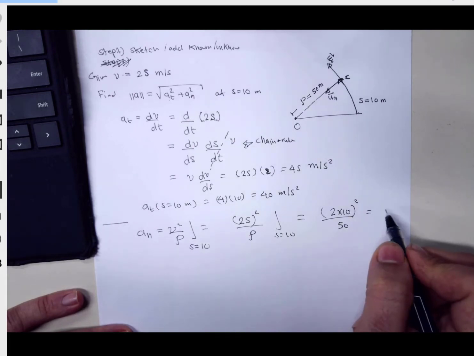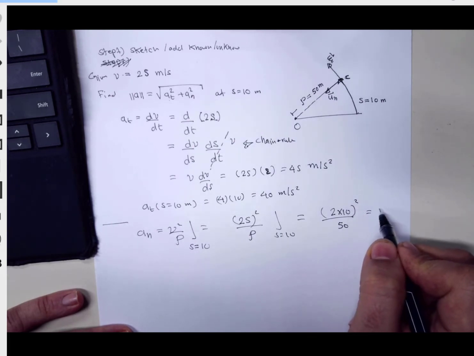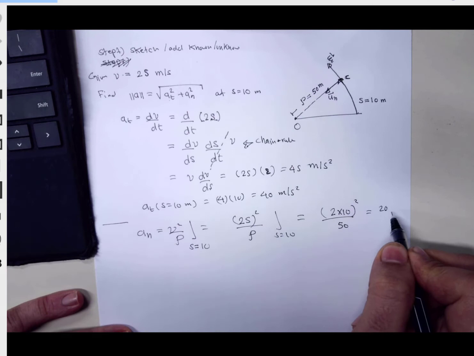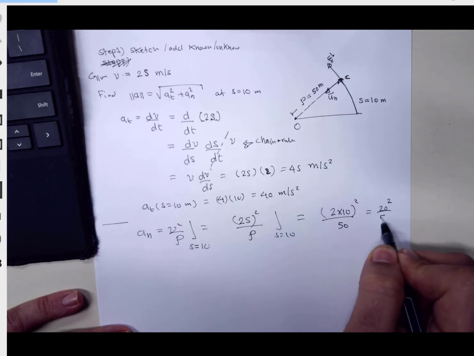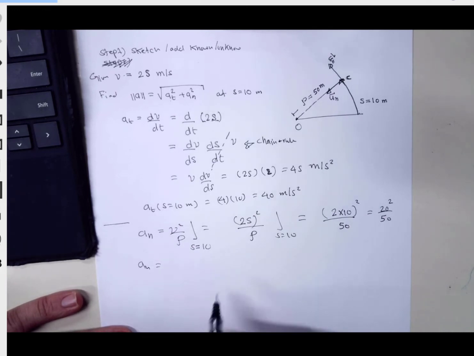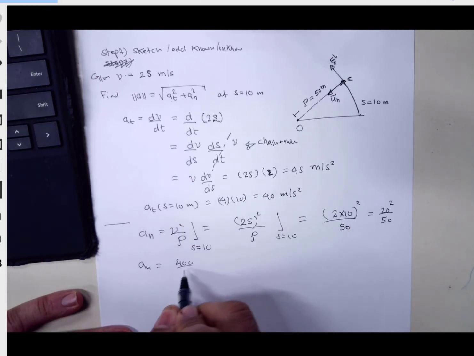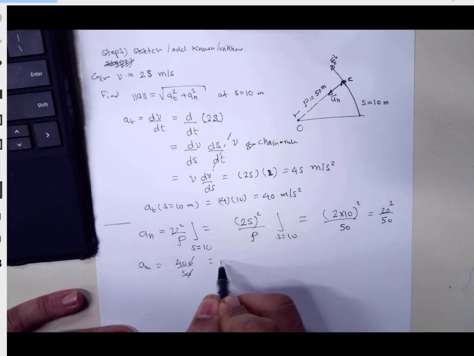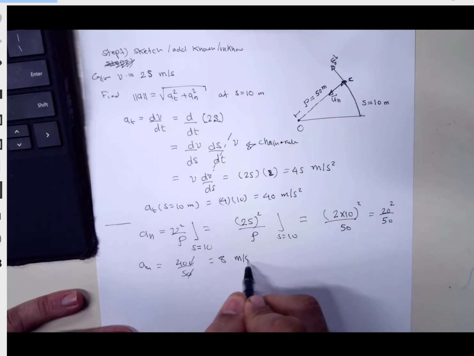That's going to be 20 squared over 50, and an will be equal to 400 over 50, which is, I believe, 8 meter per second square.